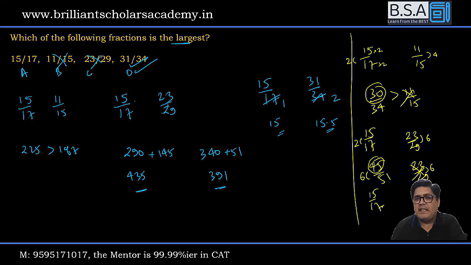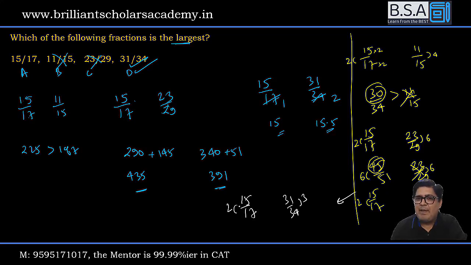15 by 17, the gap is 2. 31 by 34. I think ये मेरे पीछे आ गया ये. I think it's behind me now. I am writing it on this side. 15 by 17, the gap is 2. 31 by 34, the gap is 3.